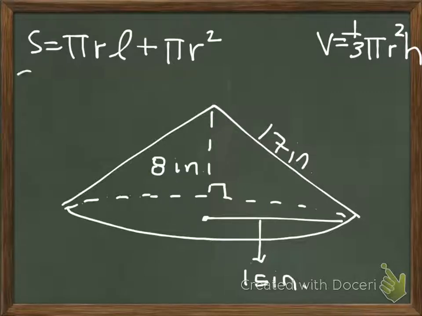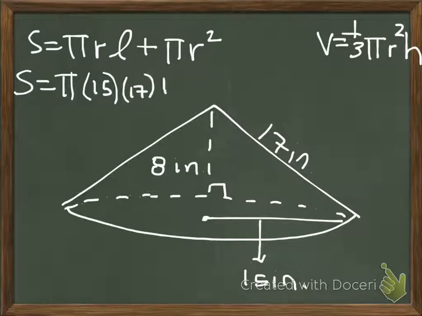So pi, I always use pi as 3.14 times r, our radius, which is 15. Now L, the fancy L here, represents the slant height, which is going to be 17, not the regular height. And then we do again plus pi, and then r squared, so 15 squared.